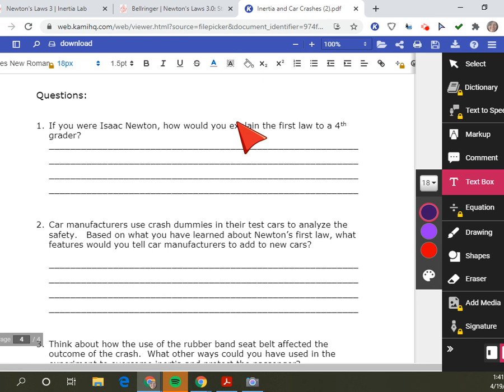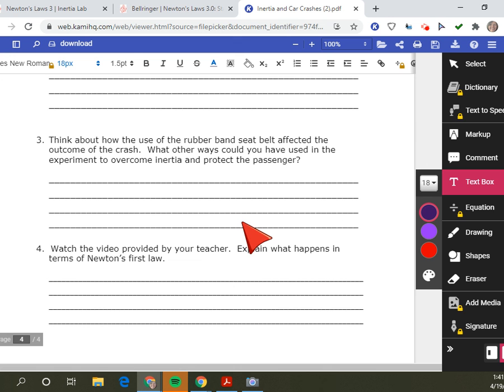So what would you say to them to explain what we just looked at? I want you to go ahead and answer those 4 questions on your own, and then we'll watch the video that's in the lesson, because number 4 says, watch the video provided by your teacher. Explain what happens in terms of Newton's first law. We'll watch that in about 5 minutes.